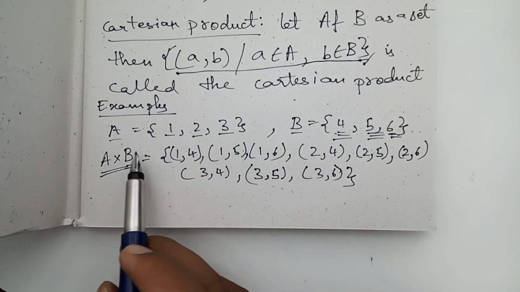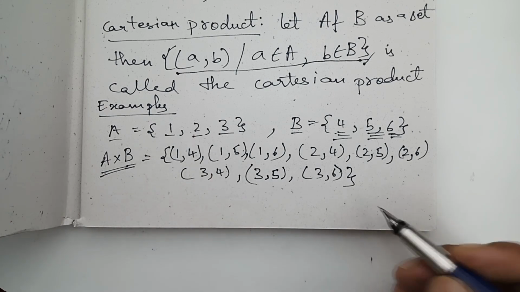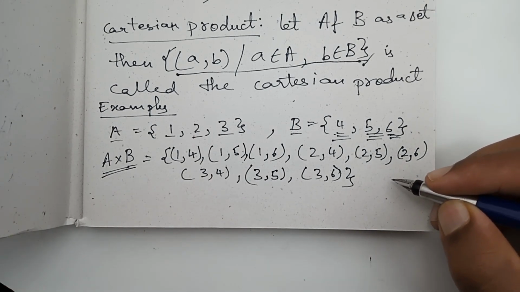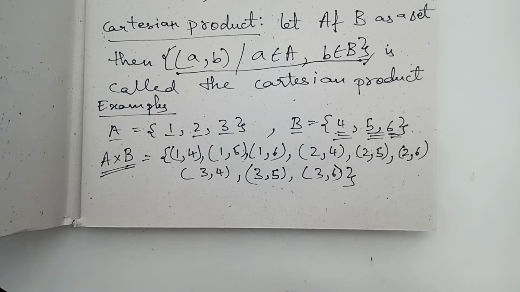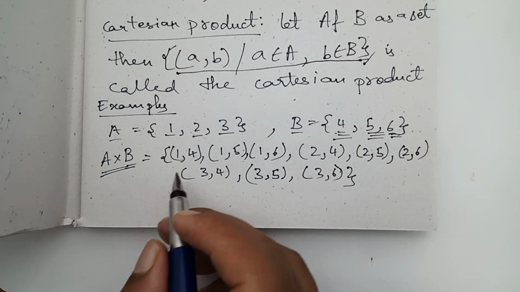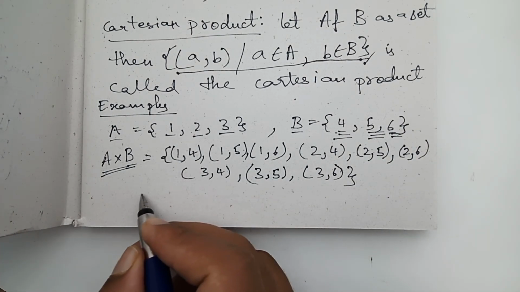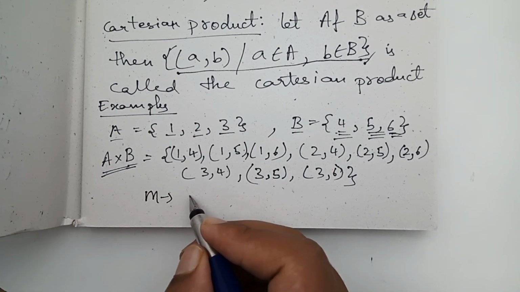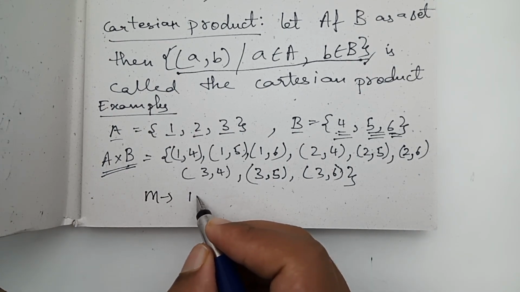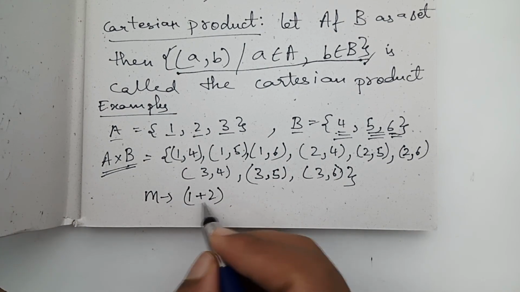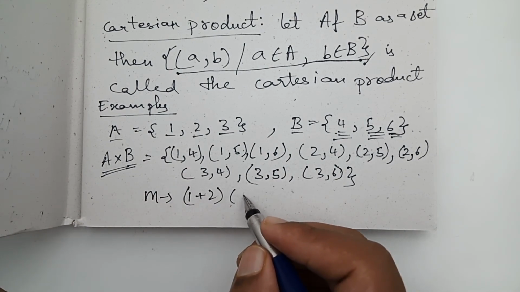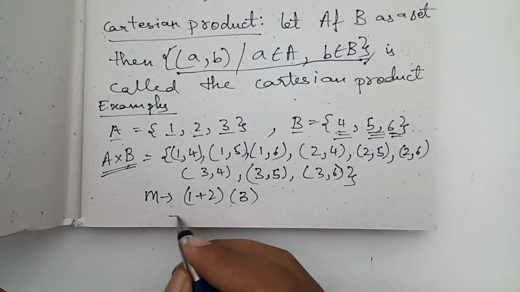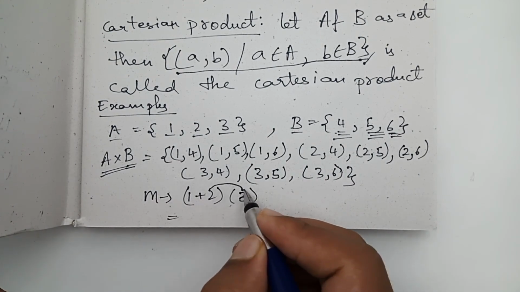I will explain this as we do in multiplication. I will take a direct example, you check it out. In mathematics we do multiplication, right? There is 1 plus 2 multiplied by 3. Let us take this. The answer will be like this, right?